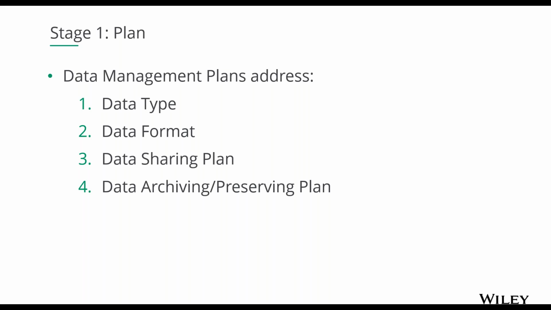You want to address the data type, so the type of data that's to be collected, the data format, so this includes not just the raw data, but also the metadata standards. You have to think about the data sharing plan and how you're going to be archiving and preserving the data. So these are things that are included in a data management plan.